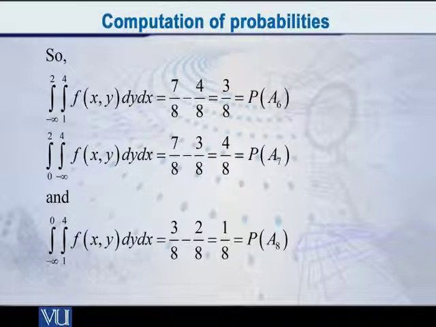So now what do we have? It is the integral from minus infinity to 0, and then the next integral from 1 to 4, f of xy dy dx. And what is this equal to? Because of the previous equation, it is equal to 3 by 8 minus 2 by 8, and that is equal to 1 by 8. अब हमने ये तमाम जो इन्फॉर्मेशन हमें अवेलेबल थी उसको यूटिलाइज कर लिया है.